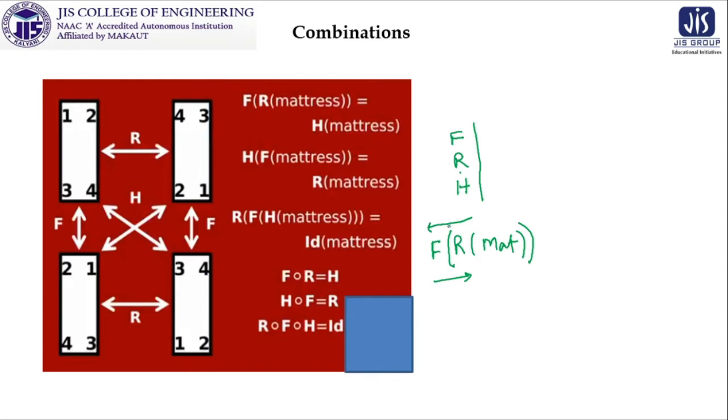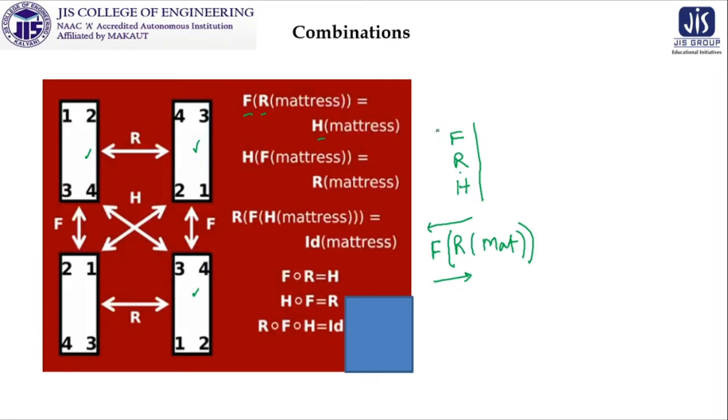So let us start from the first one. If you take this matrix and rotate it, you will get this one. After that, if you flip it, you will get this one. But if you make this matrix head to toe, you will get this one directly. Means the composition of these two operations gives you another operation which is already in this particular set of operations.